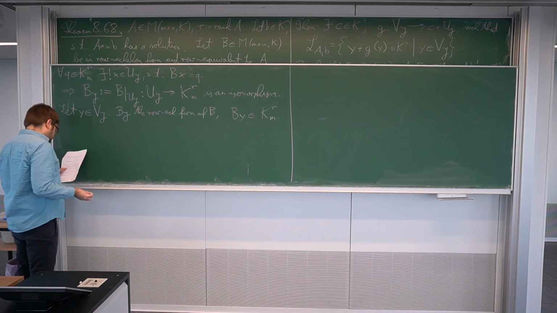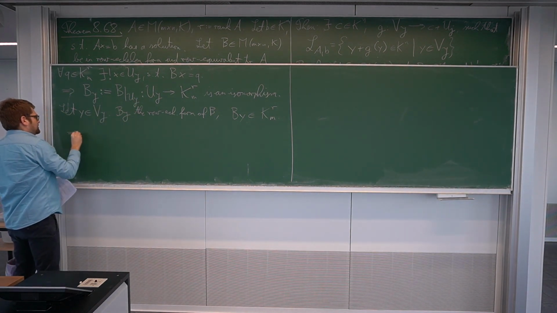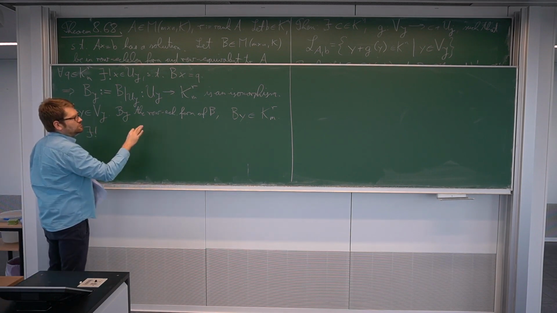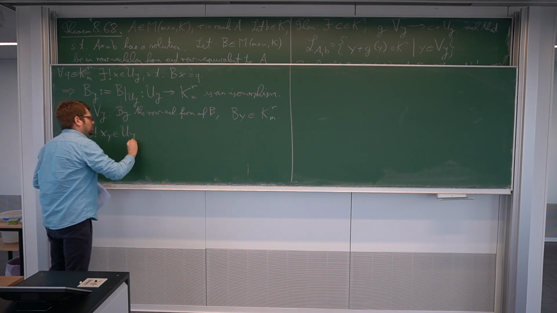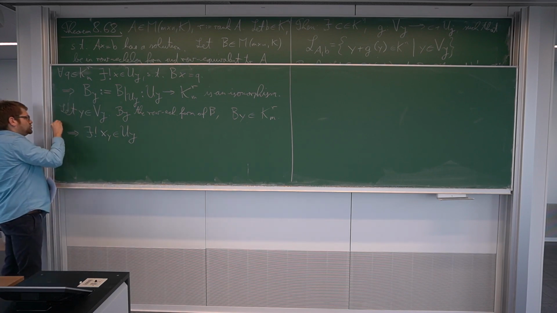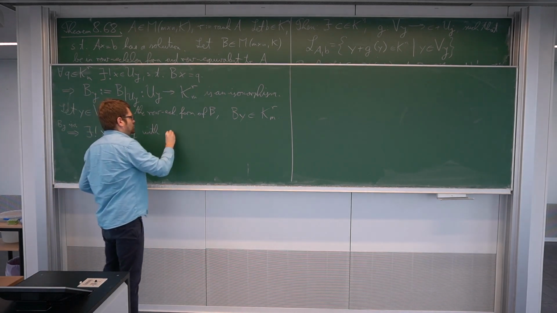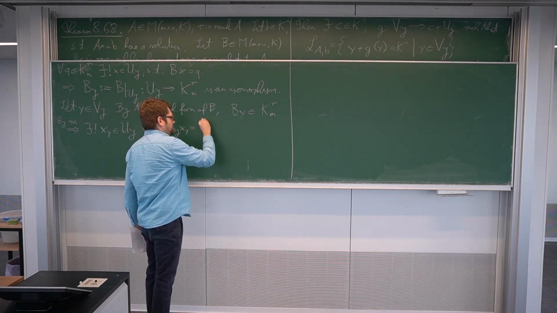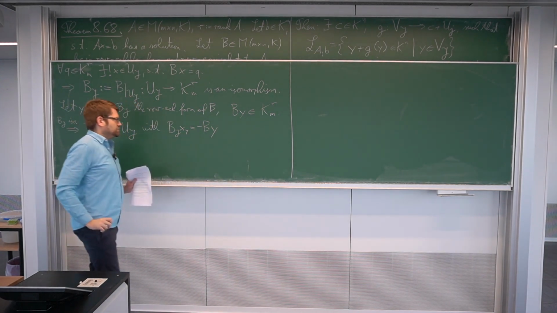Now, since this is an isomorphism, this means there exists a unique xy in Uj, because Bj is an isomorphism. We have an xy in Uj such that the following holds: Bj xy is the same as By, and we just put a minus in front, and since this is a linear subspace, this doesn't matter, so this is well defined.